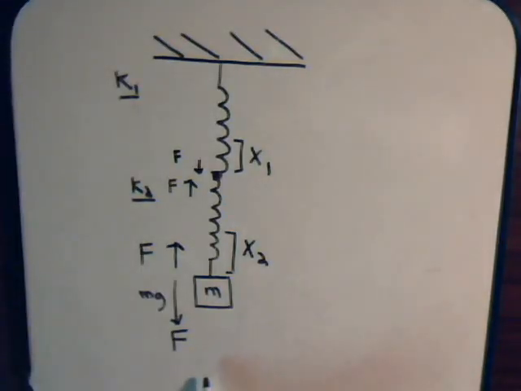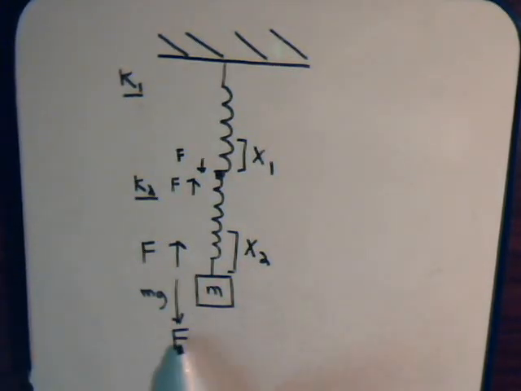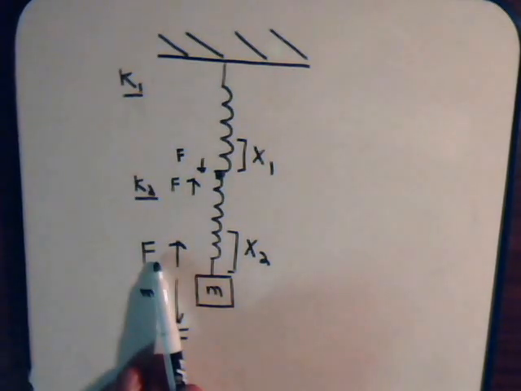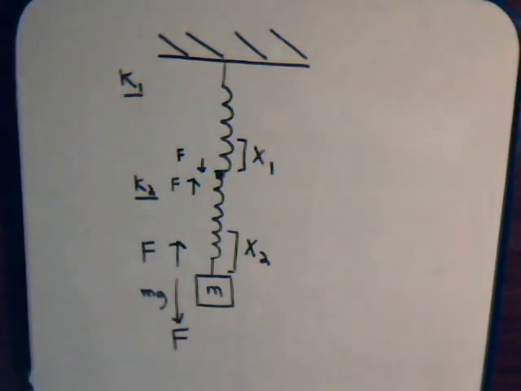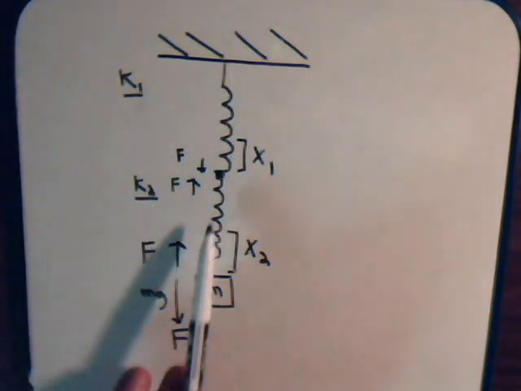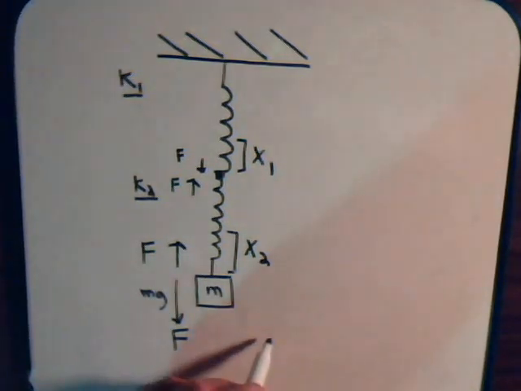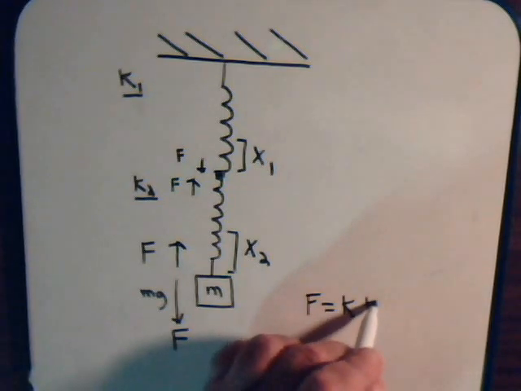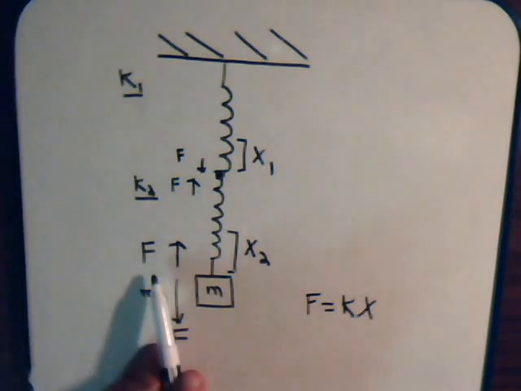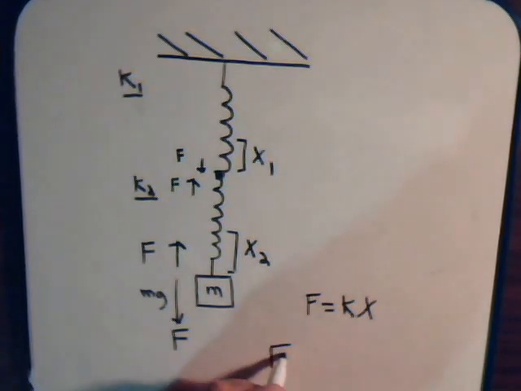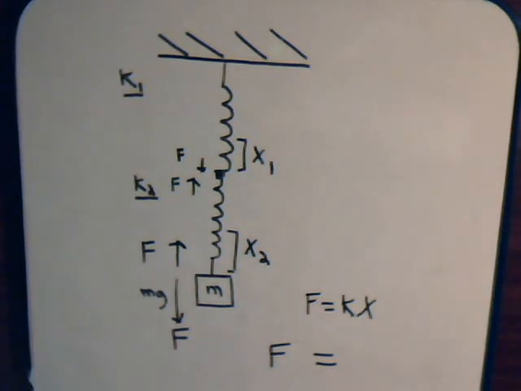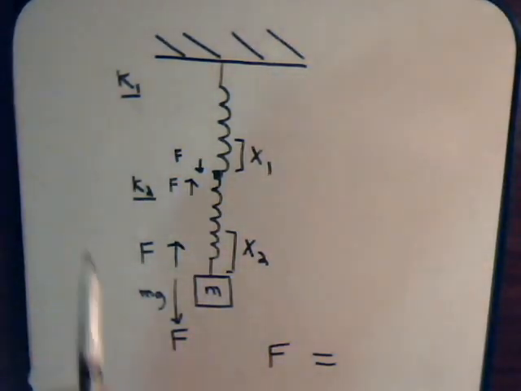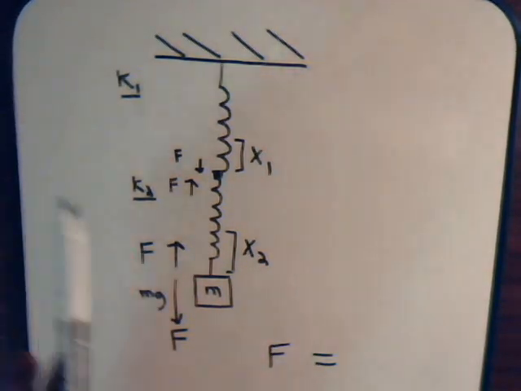Now, let's look down here. Here then, we have the weight attached, a downward force F, there's an upward restoring force F. Let's talk about the entire system now, for both the springs together. Then, of course, the basic equation is F equals a spring constant times the displacement. Well, here F will equal, now we have this spring has its own spring constant, this spring has its own spring constant.